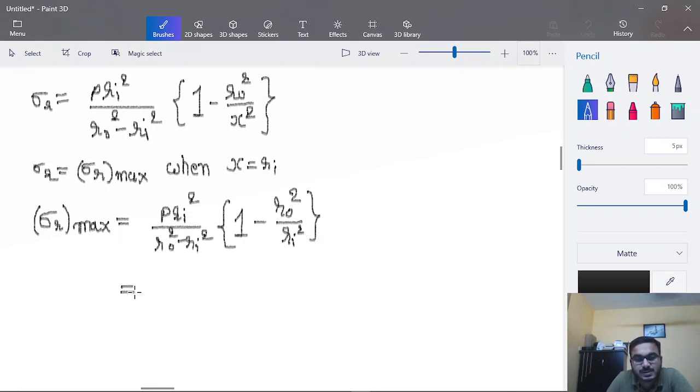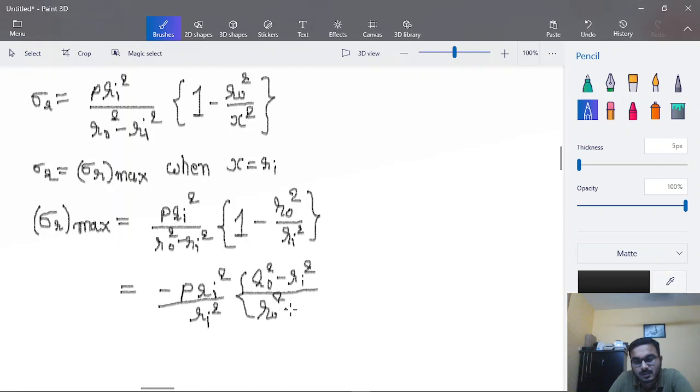Now once we simplify this, what we will be getting here is minus P Ri square divided by Ri square into Ro square minus Ri square divided by Ro square minus Ri square.